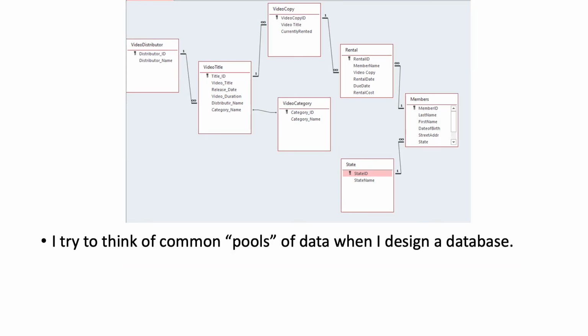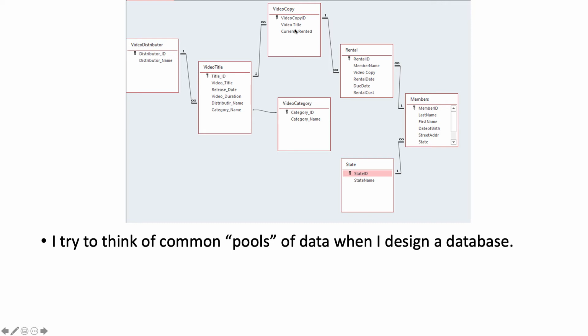So, personal point of opinion, I guess. Okay. I try to think of common pools of data when I'm designing a database. As in, okay, I'm going to have information about a video distributor, so all that ought to be here. I'm going to have information about a title, so that would be here. But because I'm going to have multiple copies, that tells me I've got to have a different place to keep up with each copy.